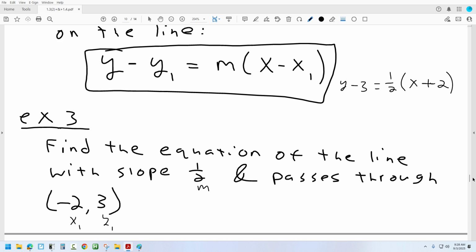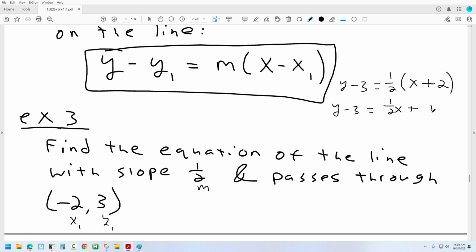Now, let's say they asked us to convert that when we were done to y equals mx plus b. What would be your first step to getting that into slope intercept? Yep. So distribute the 1/2. Now it's kind of in between the two. That format we've got right there, that's nothing. It's in between the two.